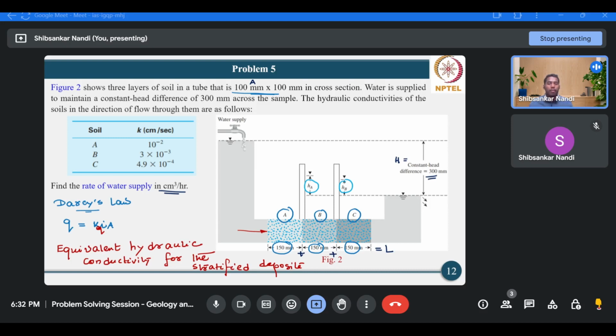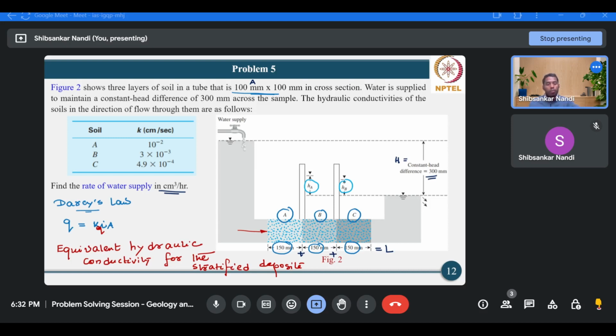Rather, the samples are having three different hydraulic conductivity values as 10 to the power minus 2 centimeter per second, 3 into 10 to the power minus 3 centimeter per second, and 4.9 into 10 to the power minus 4 centimeter per second for soil sample A, B, and C respectively. Okay, so that's why we applied the concept of equivalent hydraulic conductivity for this kind of stratified deposit.